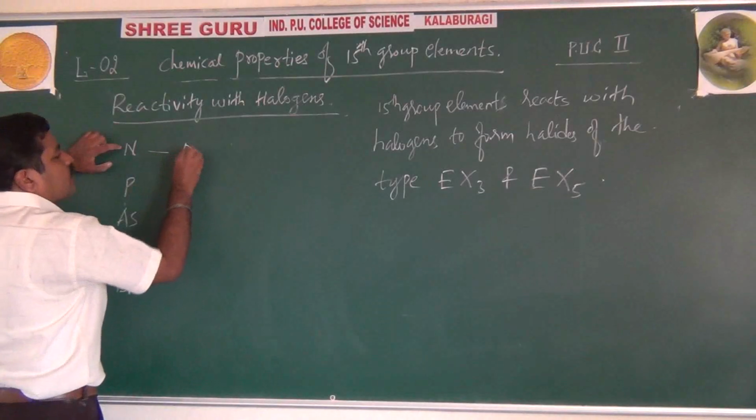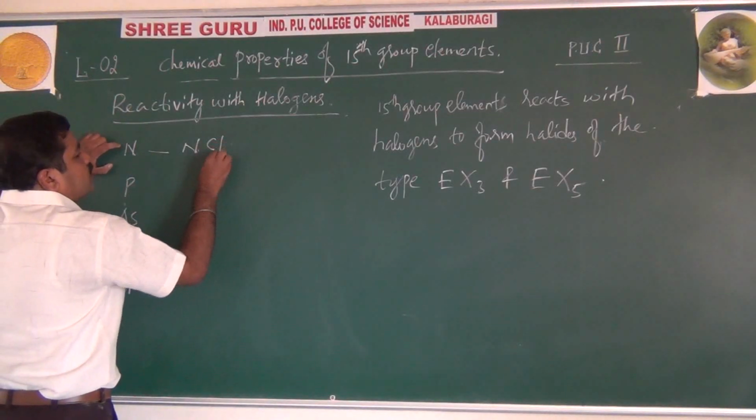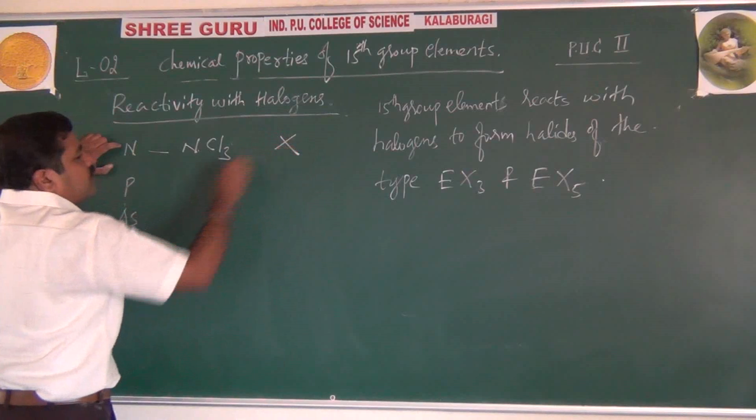So nitrogen will form NCl3 but does not form pentahalide.